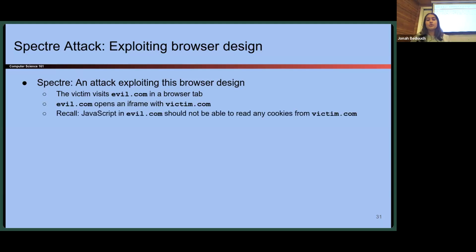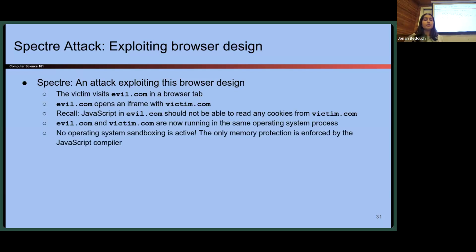So with the same origin policy, JavaScript from evil.com should not be able to read cookies from victim.com. But the one thing to remember is evil and victim are now running on the same process. They're sharing a process. And basically, there's no more operating system sandboxing anymore, and only the JavaScript compiler is adding some isolation here. So if we're able to somehow break this, we can read memory from victim.com.